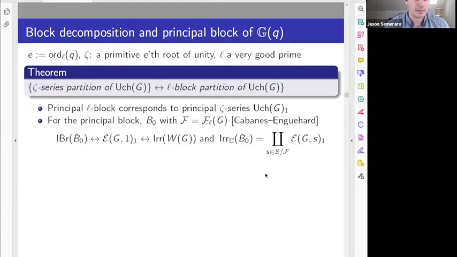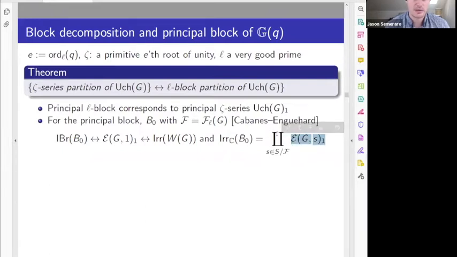And for the principal block, we can explicitly describe the characters inside it in terms of the principal zeta series inside these Lusztig series.